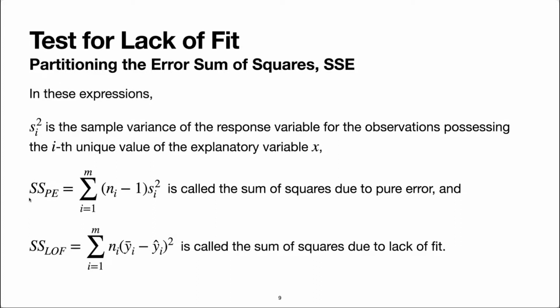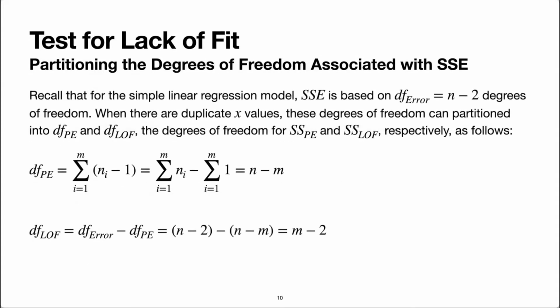Now, SS sub PE is called the sum of squares due to pure error, and SS LOF is called the sum of squares due to lack of fit. Now, recall that for the simple linear regression model, the sum of squares error is based on a number of degrees of freedom equal to n minus 2.